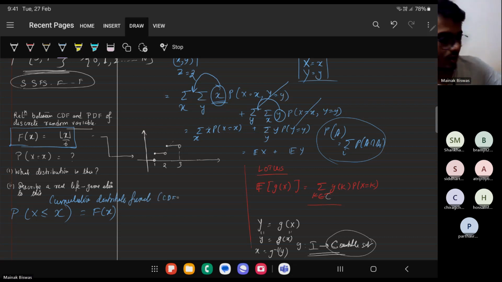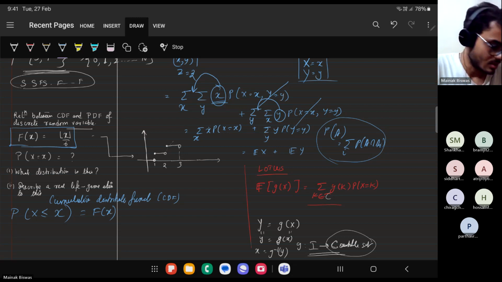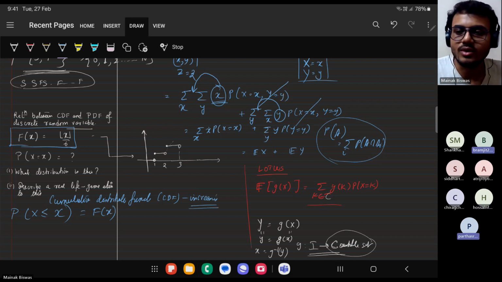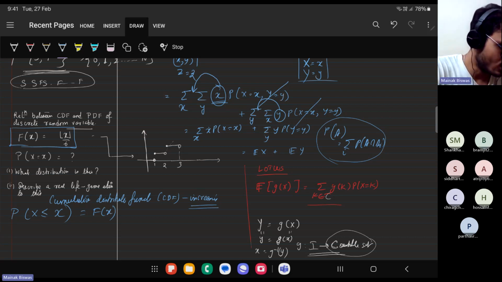Do you agree it is always going to be an increasing function? Always increasing? Yes, as the value of small x increases, we approach 1. Correct, we'll do that. But why is it always increasing?